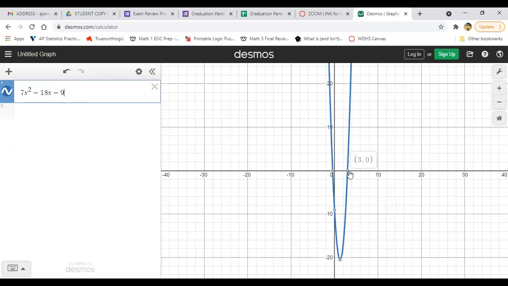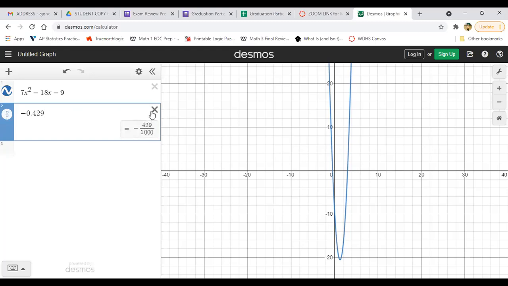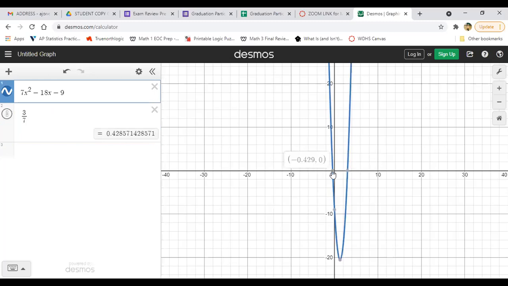So right there is one of your answers. That's how we get the -3. And then let me see if I can change it over. I don't know if it'll do it. No, it won't do it because it's not a rounded decimal. So that's going to be your fraction. That's your 3/7. If you guys look at that, 3/7 is that 0.4285, but that's why it's not coming out perfect. Okay, so it rounds it up. Okay. You could figure that out if you're trying to solve it.